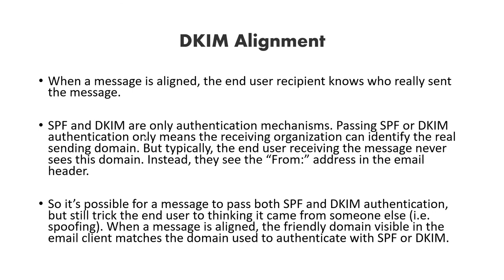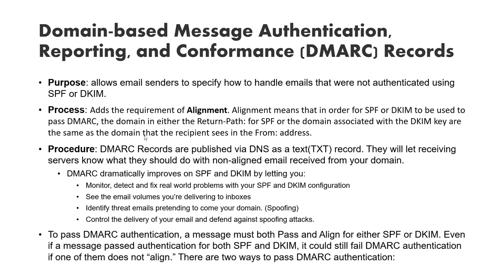So enter the Domain-based Message Authentication, Reporting, and Conformance, or DMARC, records, right? The purpose was that once you have that alignment determination, you can then tell the mail server how to handle emails that are not authenticated using either or both of those previous standards, SPF or DKIM.